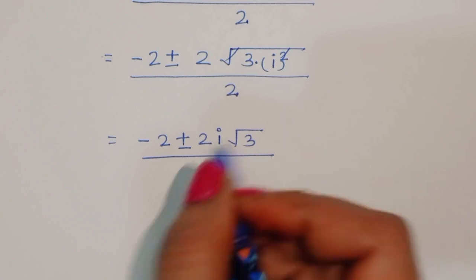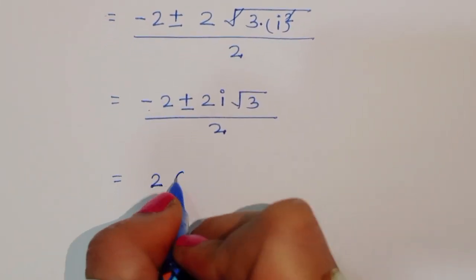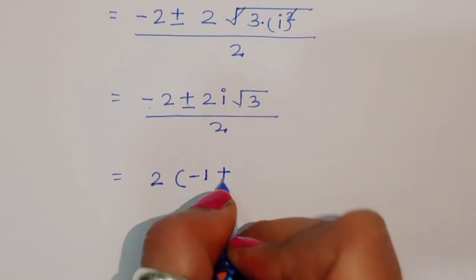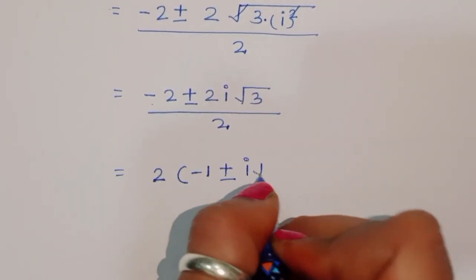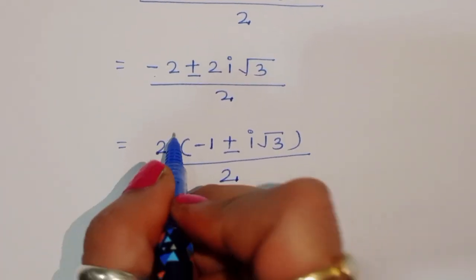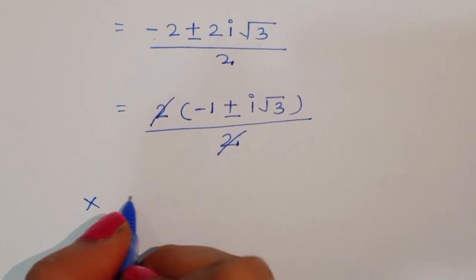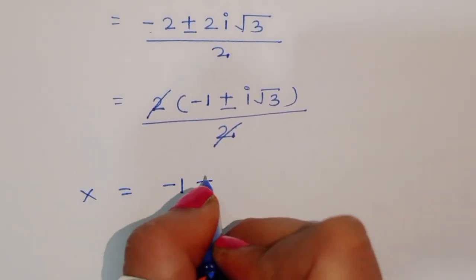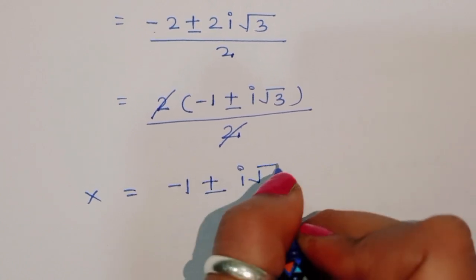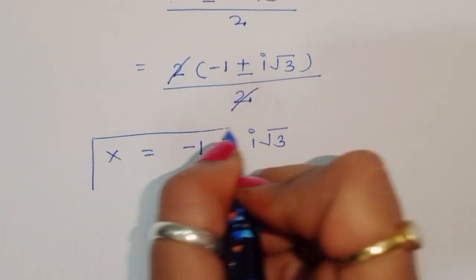Now we can take 2 common, so 2 times minus 1 plus minus i square root of 3, divided by 2. Now this 2 cancels with this 2. So we can say the value of x is equal to minus 1 plus minus i square root of 3. This is the value of x.